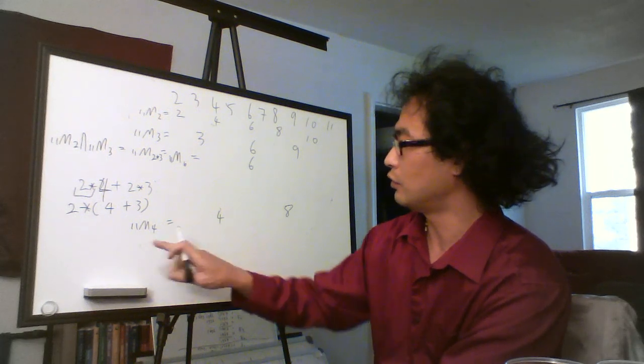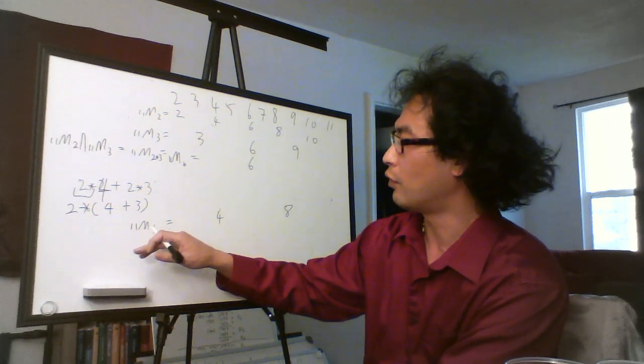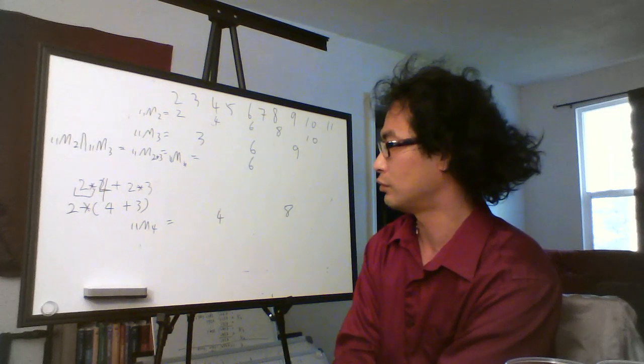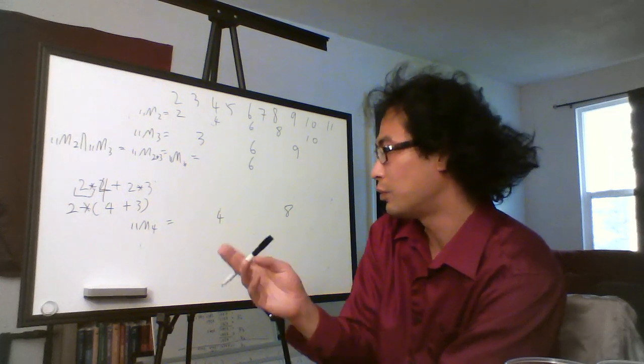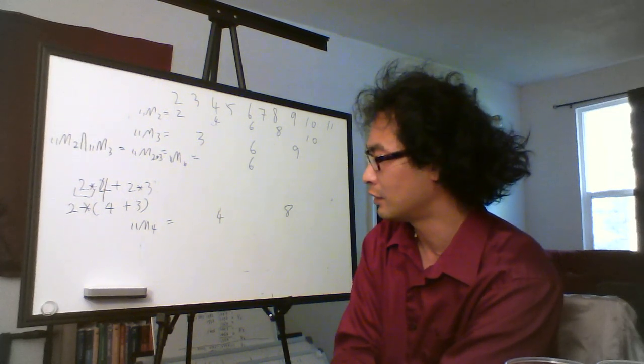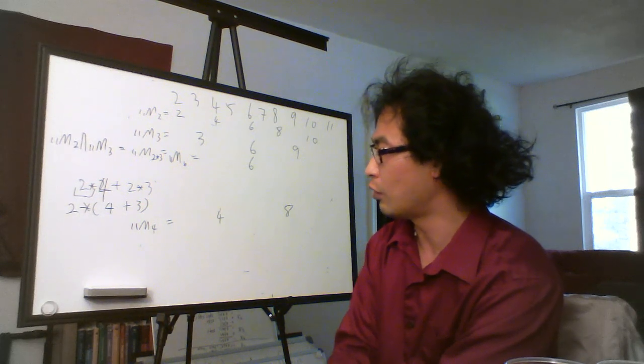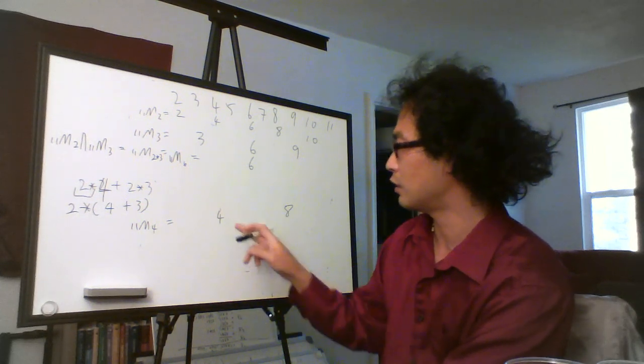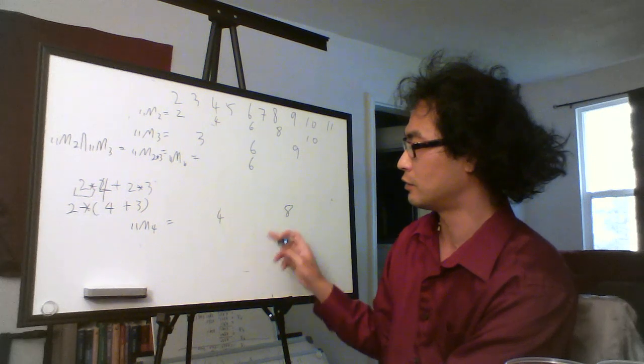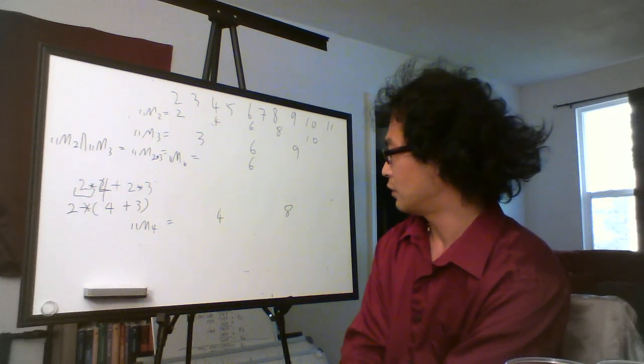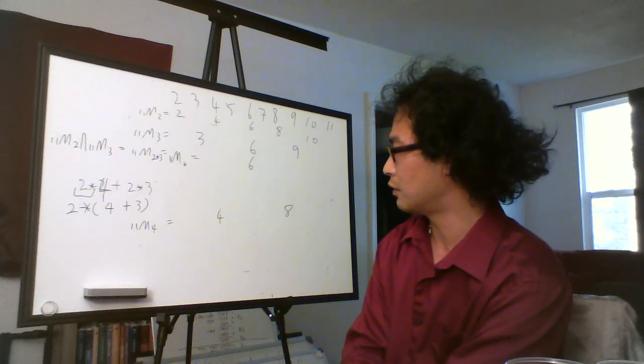Yeah, you divide 11 by 4. It's like 2.75, whatever, right? The quotient is 2. Okay, so that's the number of elements.